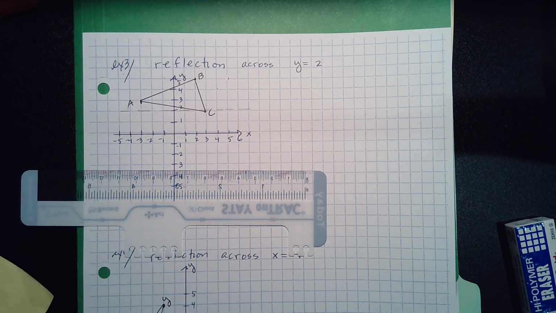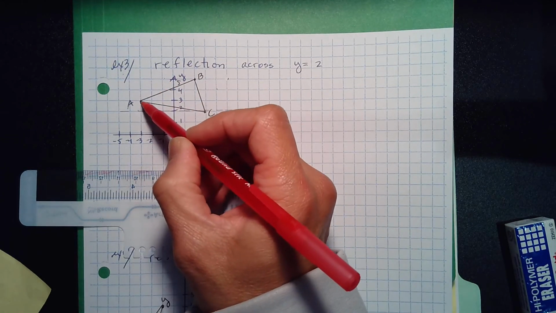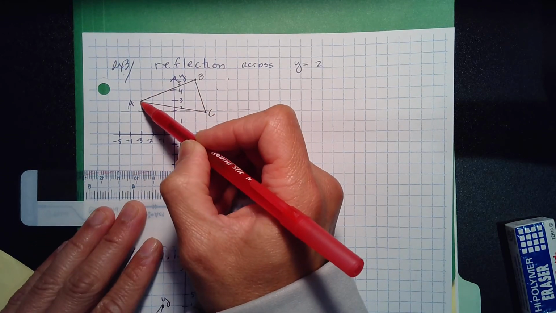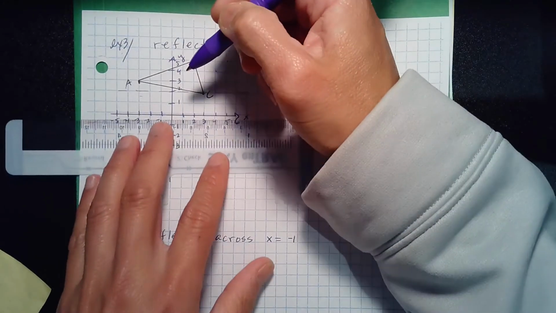And now the next thing we're going to do is move point A with respect to the mirror. Let me make the mirror darker.